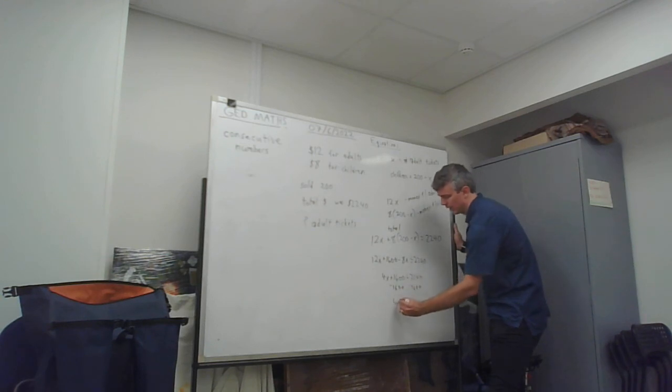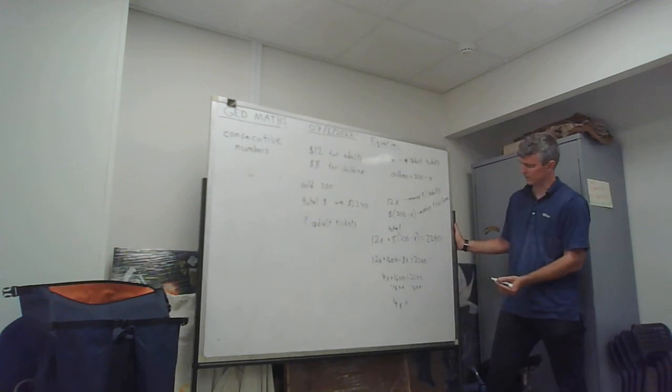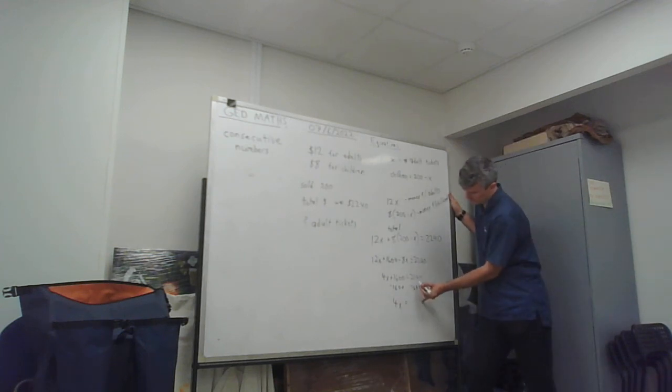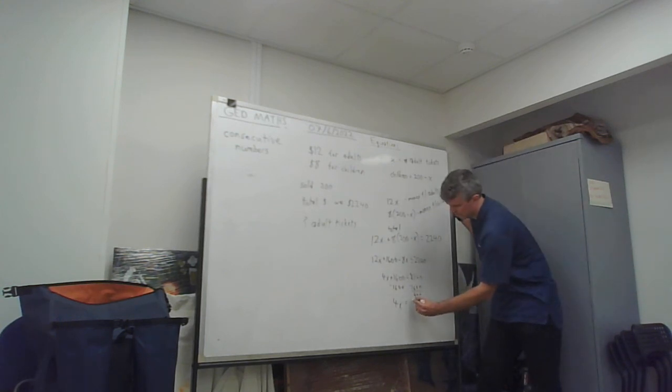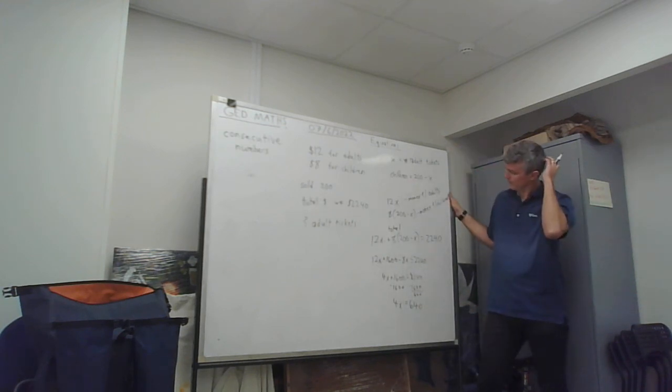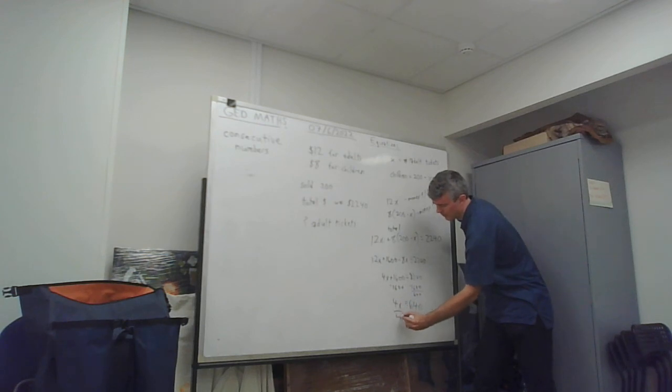Then we get 4X equals whatever this is, 2240 minus 1600. That's 640. So 4X equals 640. Divide each side by 4.